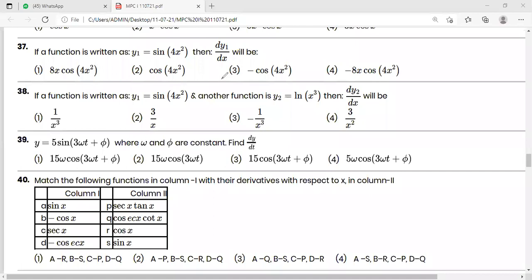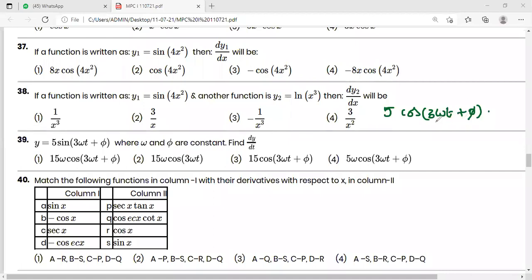Question number 39 given. y equal to 5 sin of 3 omega t plus phi, where omega and phi are constants. Find dy by dt. So here the derivative will be 5 into, what is the derivative for the sine function? Cos of the same function only, cos of 3 omega t plus phi into the derivative of the inside function.